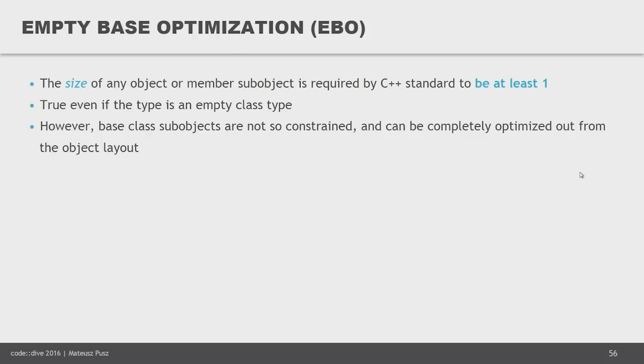That is why another really nice trick is being done here. It's called empty base optimization. And we'll see how easy it is to use that trick in your tools that you will build.